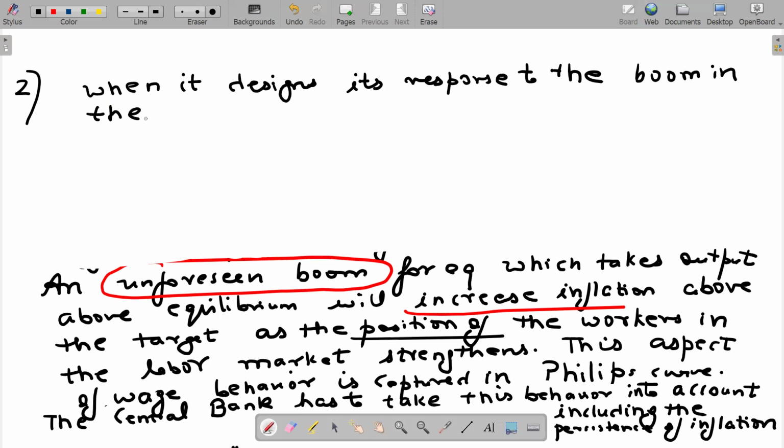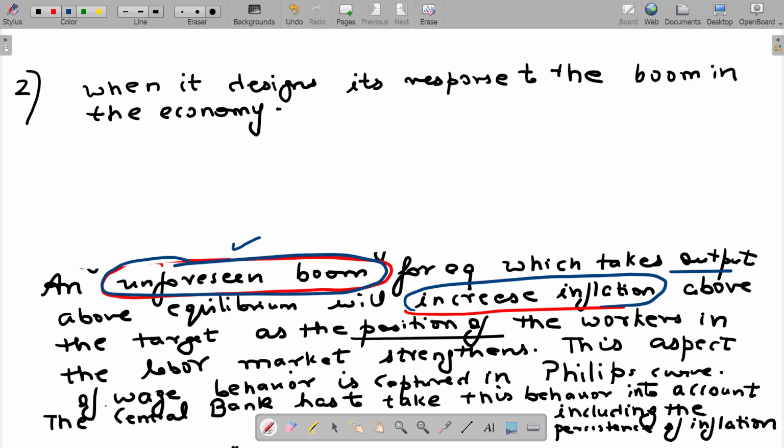We started our example with an unforeseen boom, if our students remember. When there's an unexpected boom in the economy, it causes output to go above the equilibrium, and inflation goes way above its target.